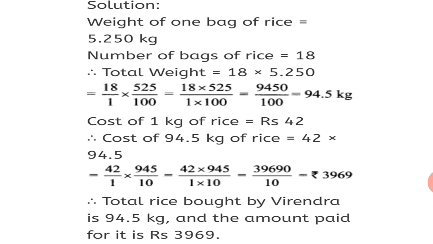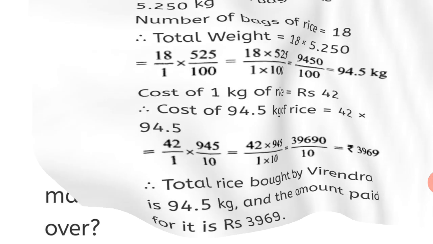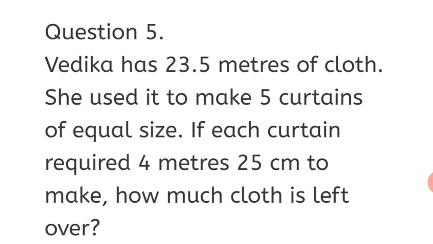Now let's move to question number 5, the last sum. Vedika has 23.5 meters of cloth. She used it to make 5 curtains of equal size. If each curtain required 4 meters 25 centimeters to make, how much cloth is left over?